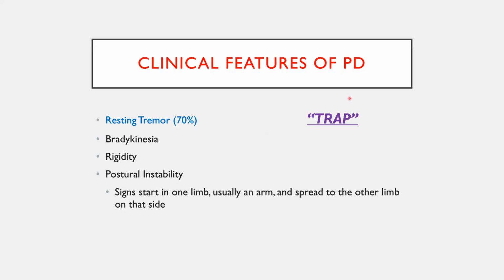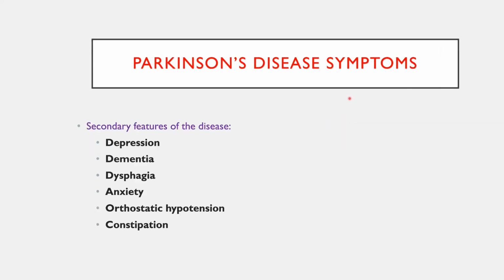Initially, it used to start on one side, that is asymmetrical onset will be there. And other symptoms like non-motor symptoms like depression, dementia, dysphagia, anxiety, orthostatic hypotension, constipation, anosmia, all are the associated symptoms. Okay, you need to inquire these symptoms also.